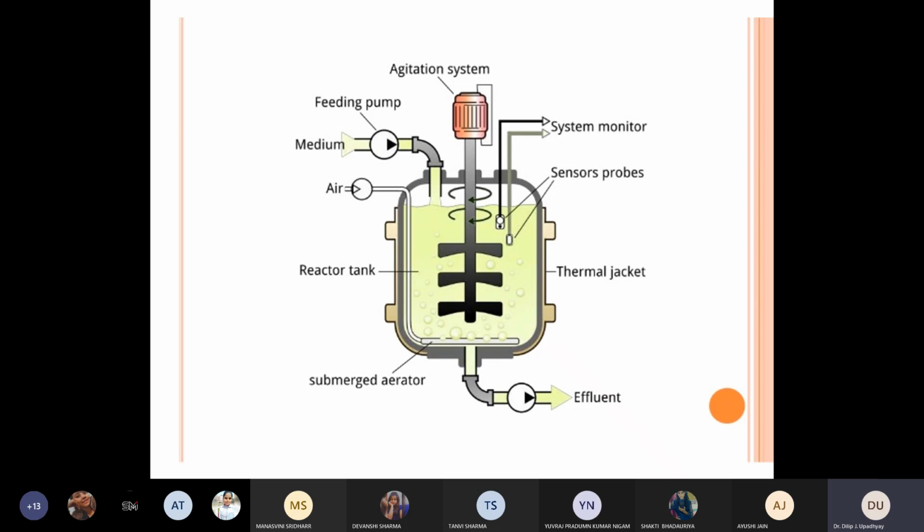Temperature, you must all have taken it and seen it somewhere. It itself is a probe. We see the mercury rise, correct? You are seeing it with your eyes.